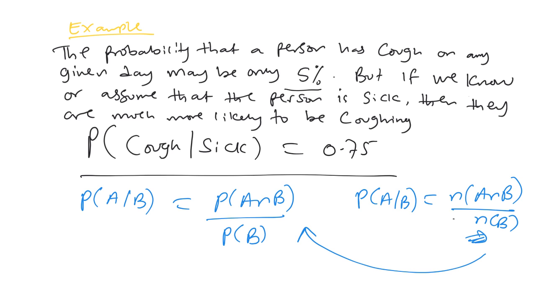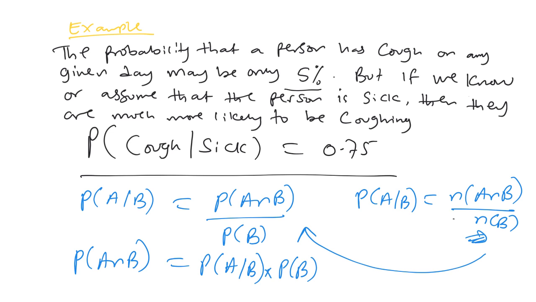Some people prefer to write this as the probability of A intersection B is the probability of A given B times the probability of B. It is the same result, just cross multiplied, and you'll find this so frequently used.